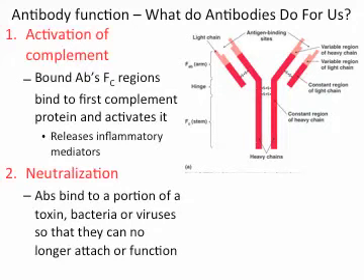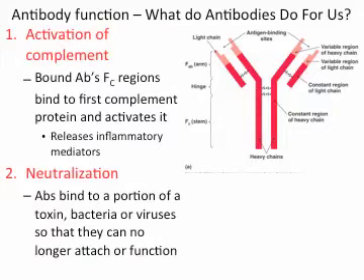The second thing that antibodies can do for us is neutralization. If the variable region of the antibody recognizes that specific antigen and epitope, and that toxin or bacteria or virus gets coated with antibodies, then that bacteria or virus can't function anymore.